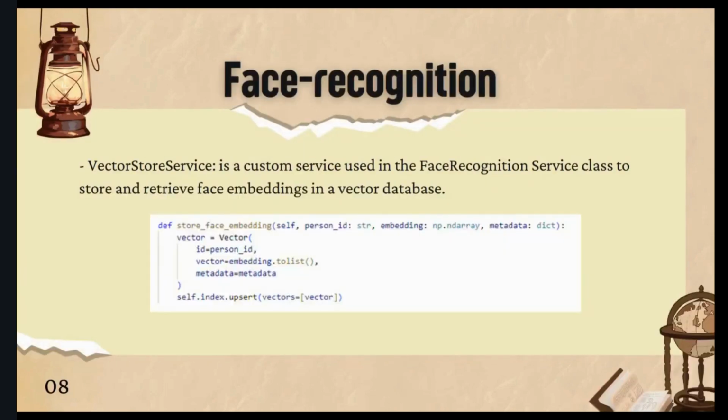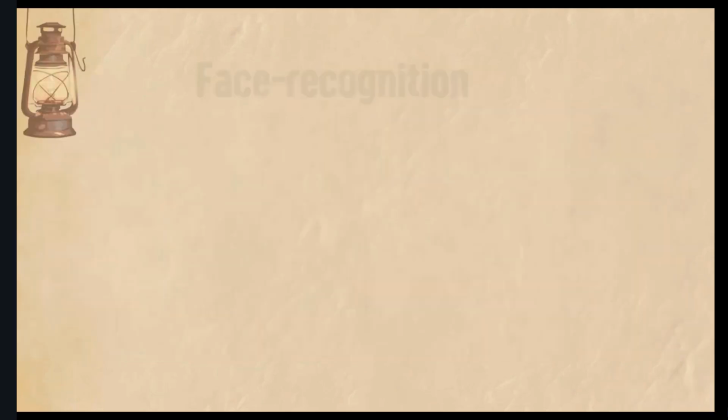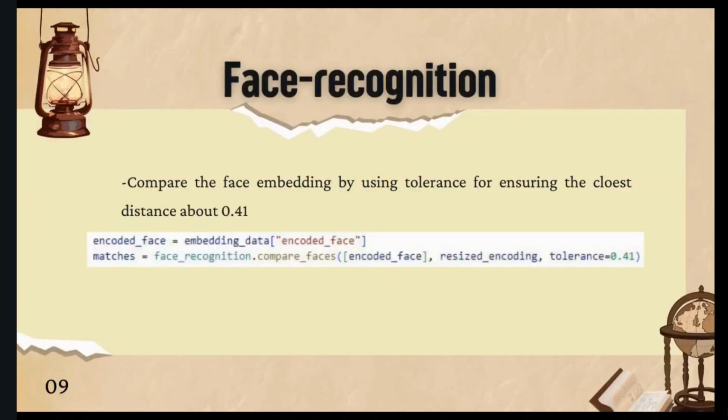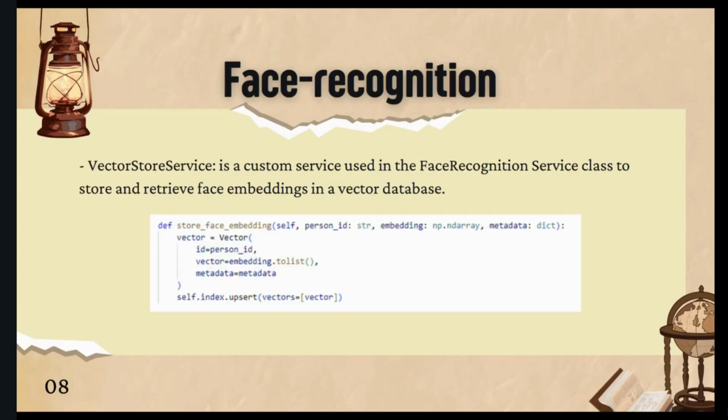For the next slide, we also use a vector store service. The vector store service can be used with face recognition to store and retrieve the face embedding in the vector database, and it is easier to connect to our database with Upstash. And this is also the code we use to store the face.